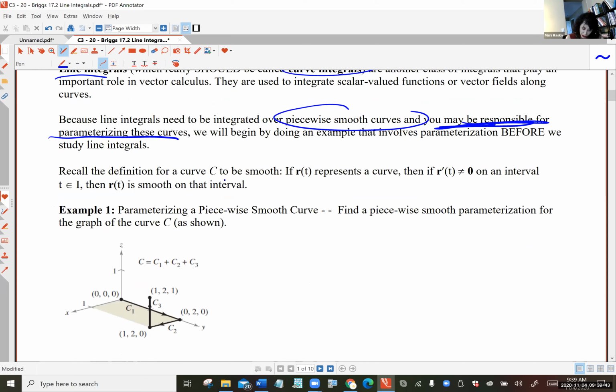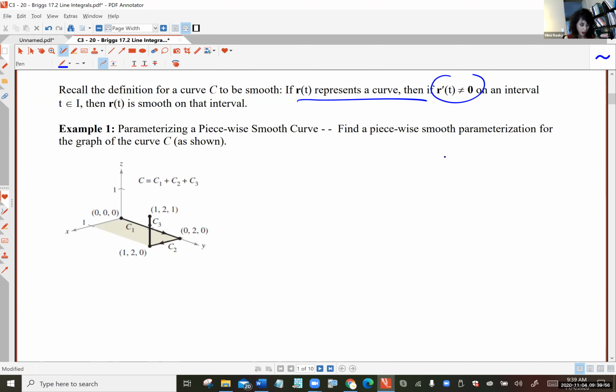So what does it mean for a curve to be smooth? It means that the tangent vector isn't equal to the zero vector. It means you don't have any sharp corners or cusps or crazy stuff like that. That's how you know you're smooth. Let's look at a piecewise smooth curve. The first leg of the journey is called C1. The next piece travels along the XY plane.